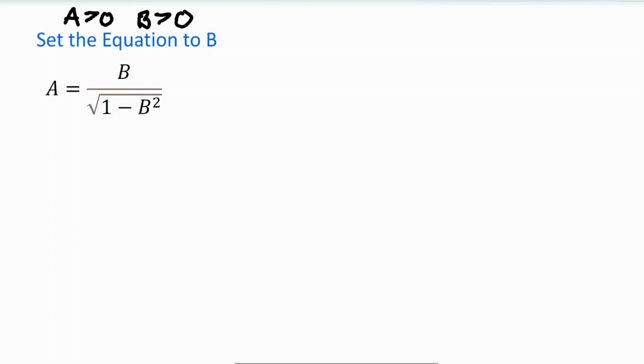Okay, so what do we do first? We see we have the denominator here, right? And how do we get rid of a denominator? You multiply the denominator on both sides. Sorry, not subtract, multiply. The denominator is the square root of 1 minus b squared. So let's multiply that on both sides.